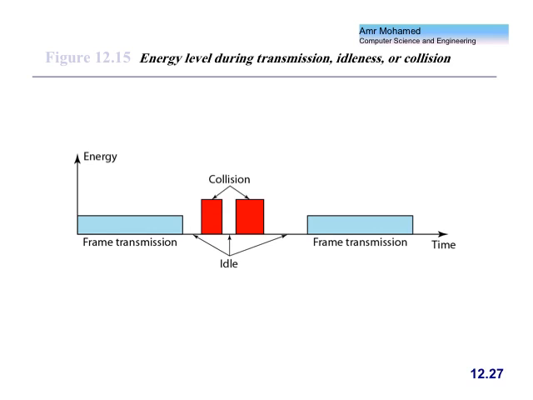As we said, for energy level, we have three different energy levels, so we have two thresholds basically. Okay, if it's below the first threshold, this means that I don't have any transmission happening.